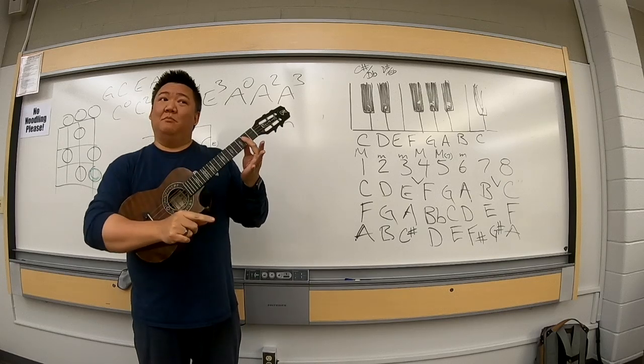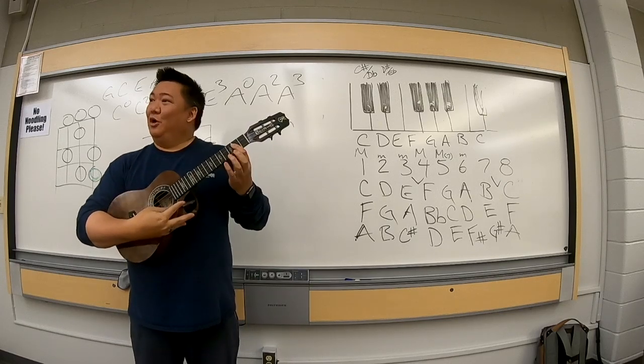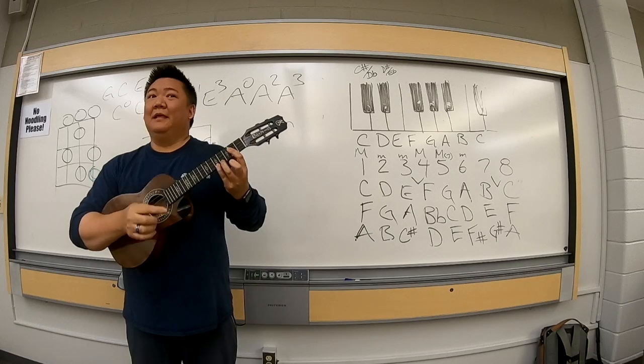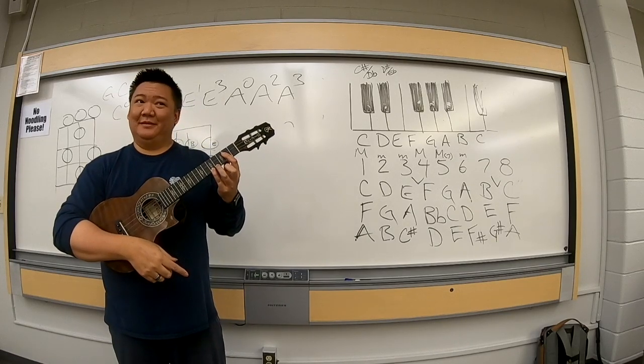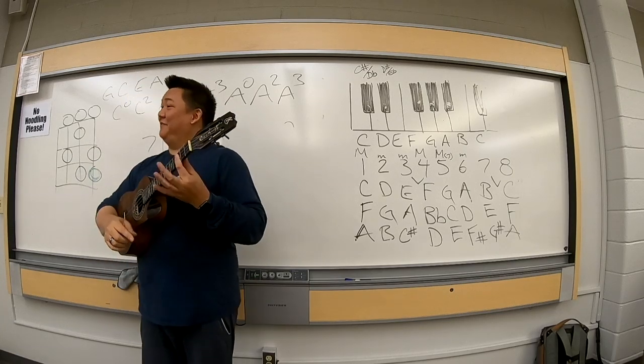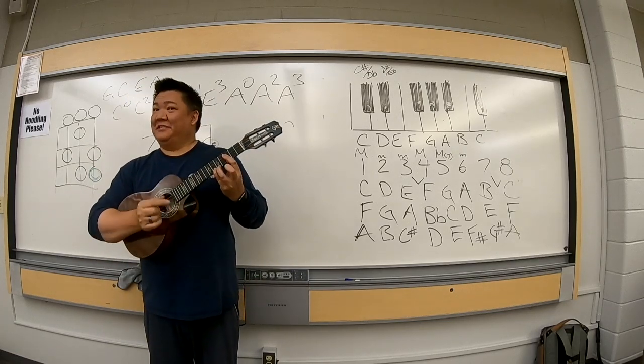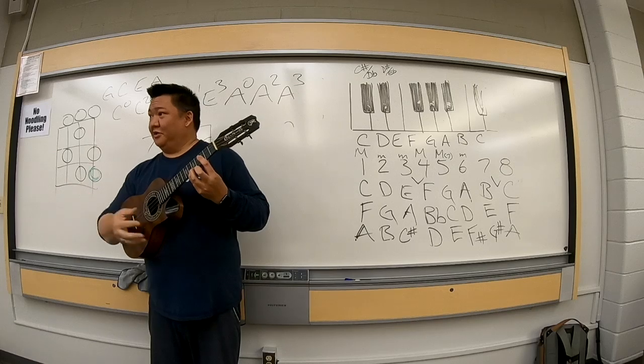If I move up 1 more 1/2 step, what scale is that? That's my D major scale. If I moved up 1/2 step, what is that? E flat or D sharp major.